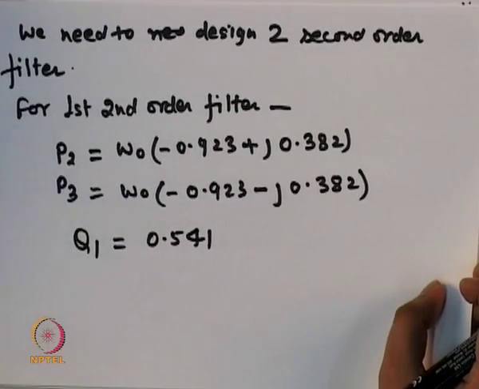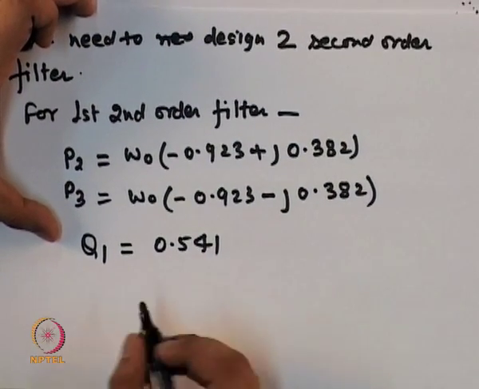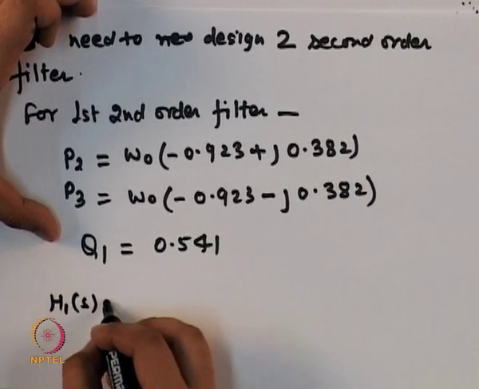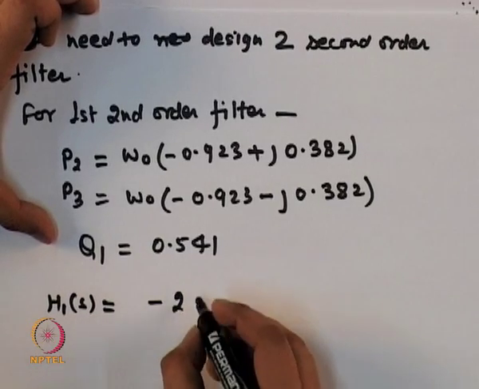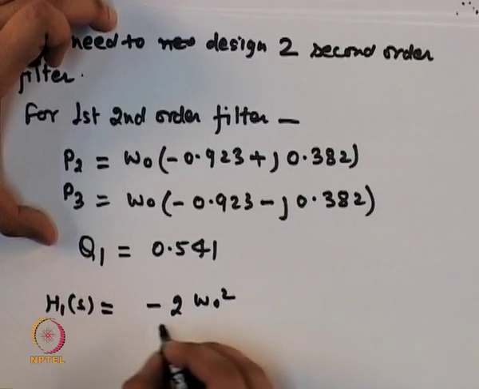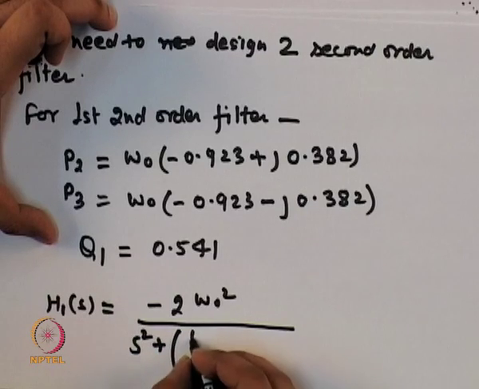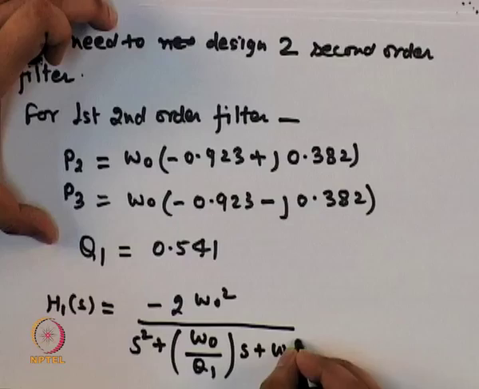After finding Q1 we will have the transfer function like this. H1(s) equal to minus 2 omega naught square upon s square plus omega naught by Q1 s plus omega naught square.